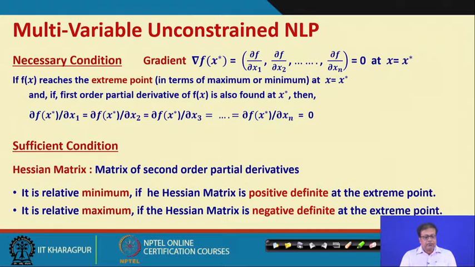The sufficient condition is that the second order partial derivative matrix, the Hessian matrix, should be positive definite for a relative minimum and negative definite for a relative maximum. When we take the Hessian matrix and find the eigenvalues, they determine the positive definiteness or negative definiteness of the matrix. So, this far we have already seen.